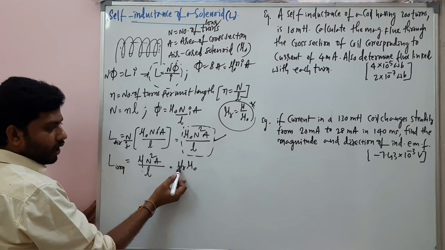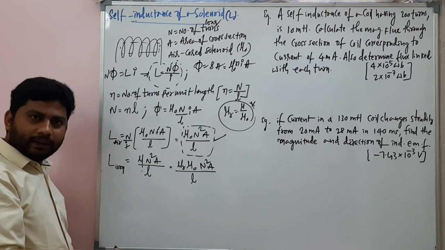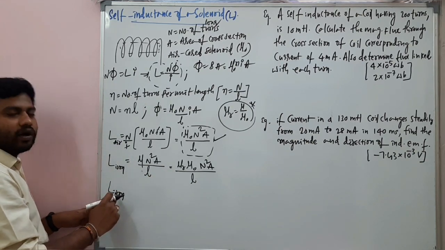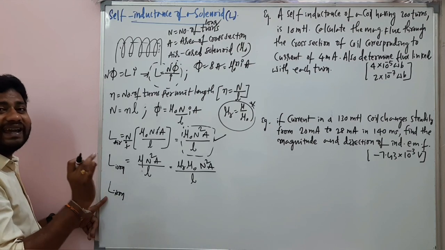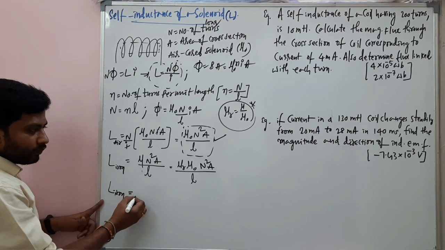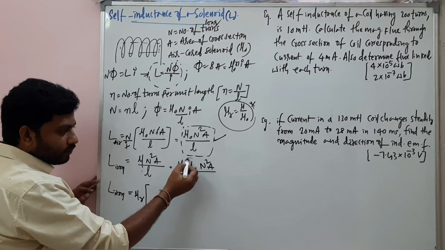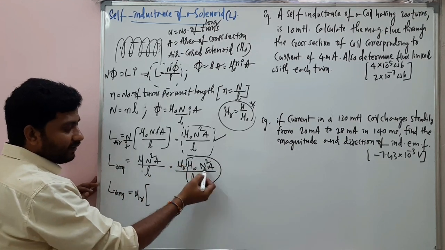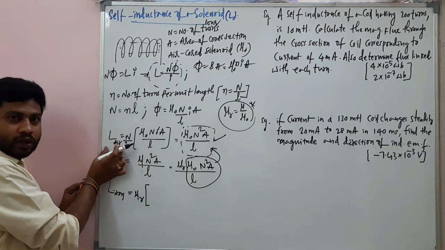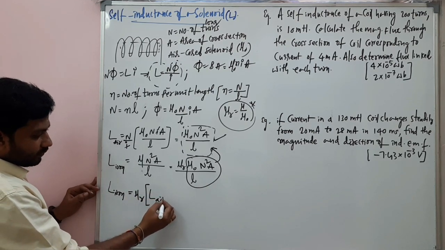So this is mu r into mu naught N square A divided by L. From here, L of iron, the self-inductance of a solenoid which is not air cored, whose core is filled with iron, is equal to mu r into mu naught N square A by L. That is mu r times the self-inductance of an air core solenoid. Okay, so remember this.